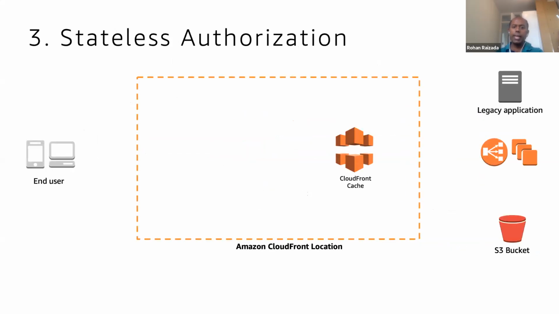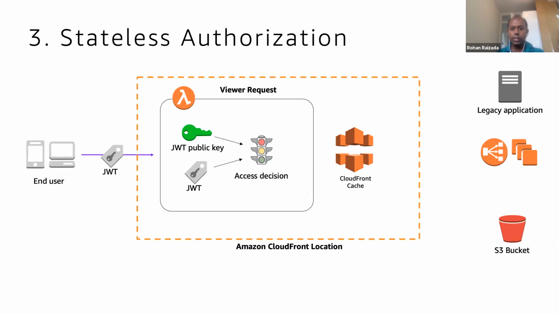So the third use case is stateless authorization. Let's say you are using JWT as your authorization mechanism. The idea is that when a request comes in, you want the Lambda Edge function, which is running at the viewer request, to check whether the user is authorized or not, and based on that, allow the request to continue or not.